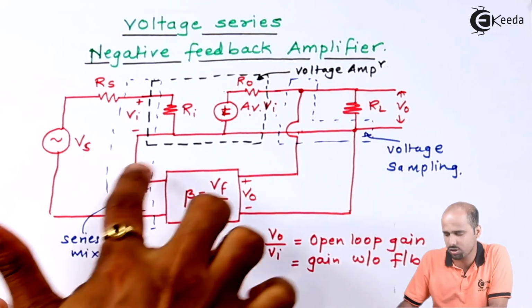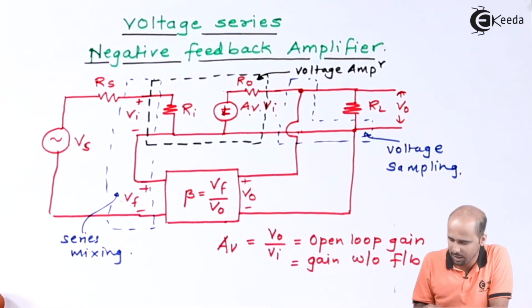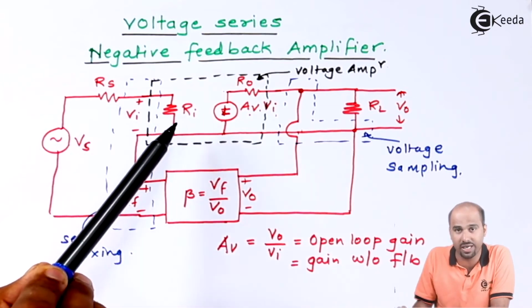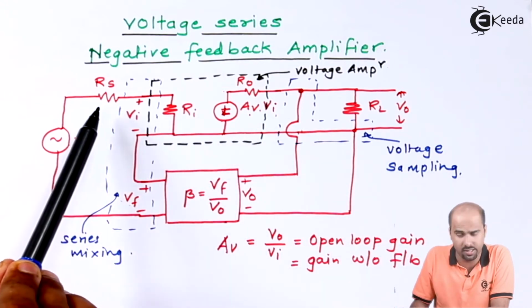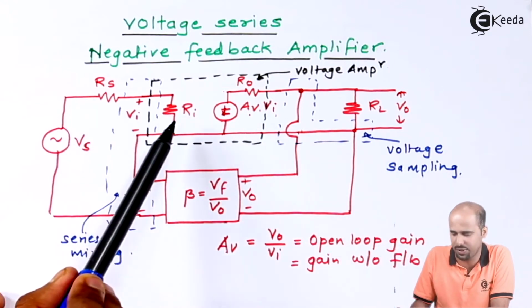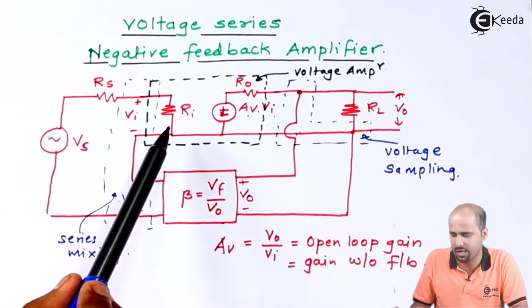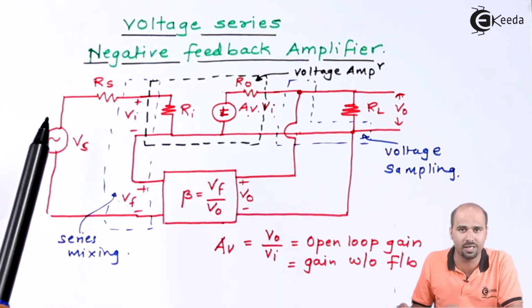If feedback is not present, then the input resistance will be the series combination of Rs and Ri. But as I already know that in a voltage amplifier Rs is very low as compared to Ri, your input impedance is itself Ri. And your input impedance with feedback is what we have to find out.